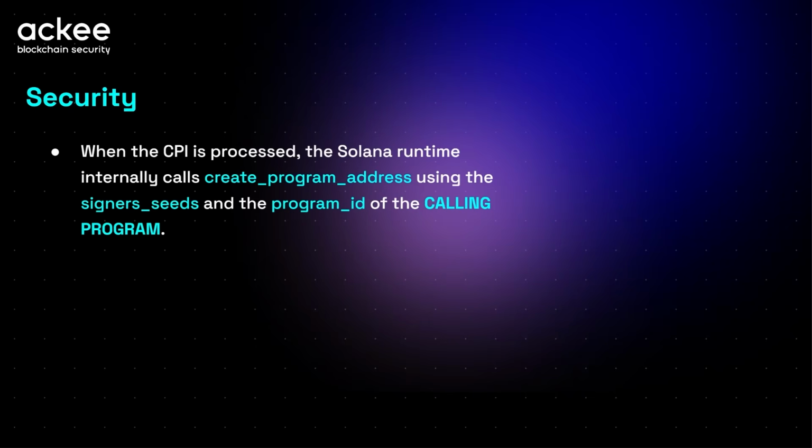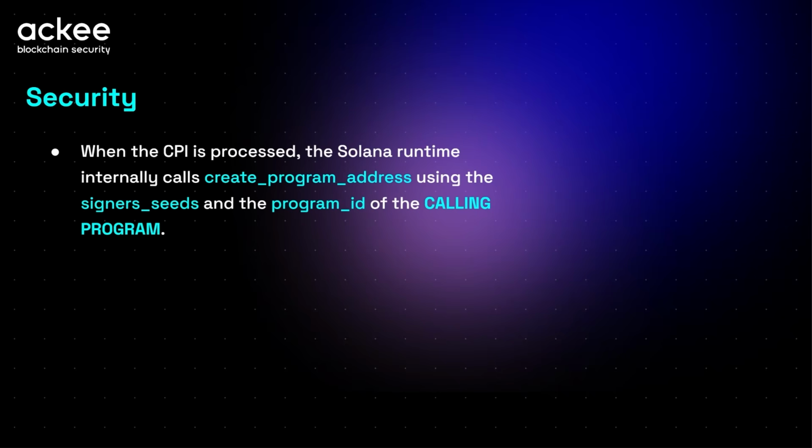This is actually a security consideration. When the CPI is processed, the Solana runtime internally calls create program address using the signer seeds specified and the program ID of the calling program. This is the important part: the calling program.